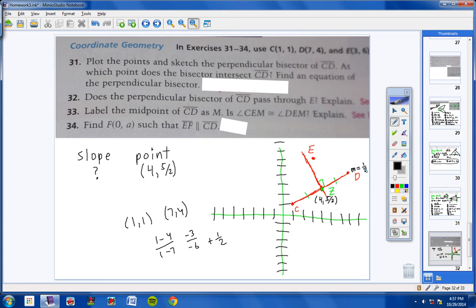So if you take that and flip it and change the sign, the slope of this line here would be negative 2 over 1, or just negative 2. So now we know the slope of the line we're looking for, negative 2. Now, real quick, students, now using this, we should be able to find the equation of this line right here. Okay, so let's go ahead and do that.